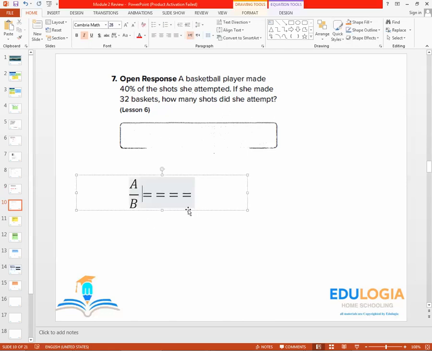Okay, the percent here is 40%, right? And she made 32 baskets. So it's 32 over what? This is the problem. 32 over what?